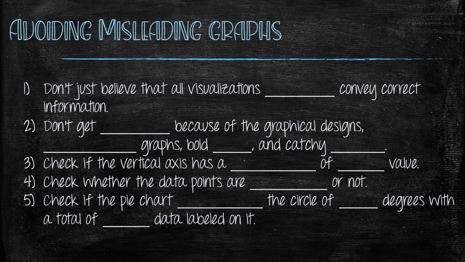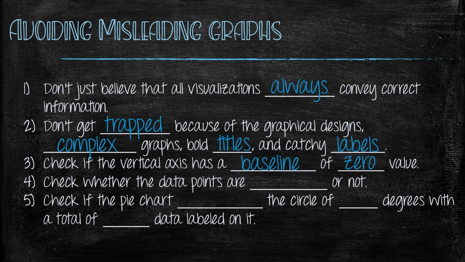Avoiding misleading graphs. Don't just believe that all visualizations always convey correct information. Don't get trapped because of the graphical designs, complex graphs, bold titles, and catchy labels. Check if the vertical axis has a baseline of 0.